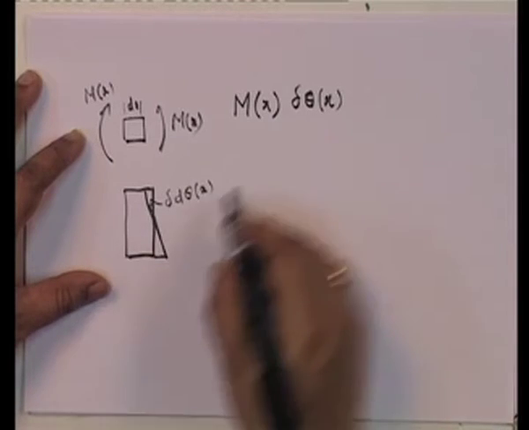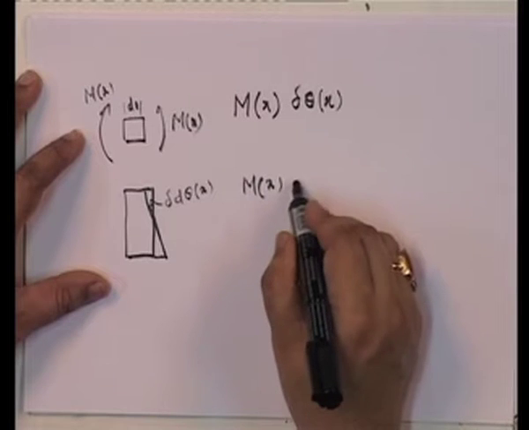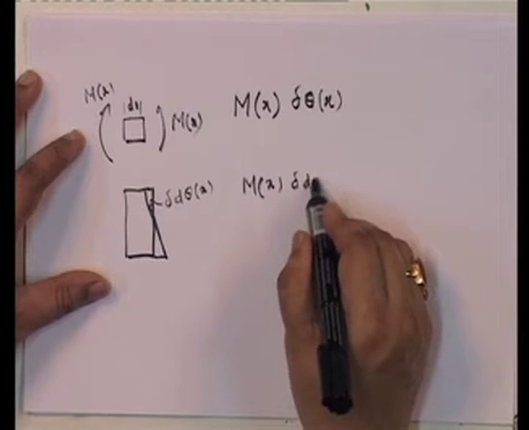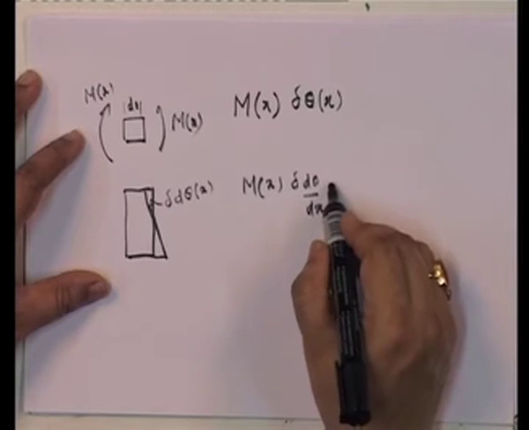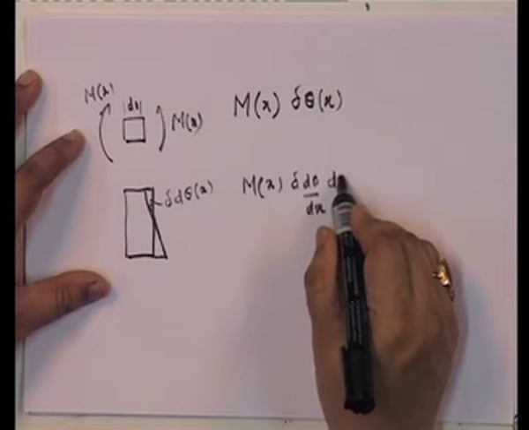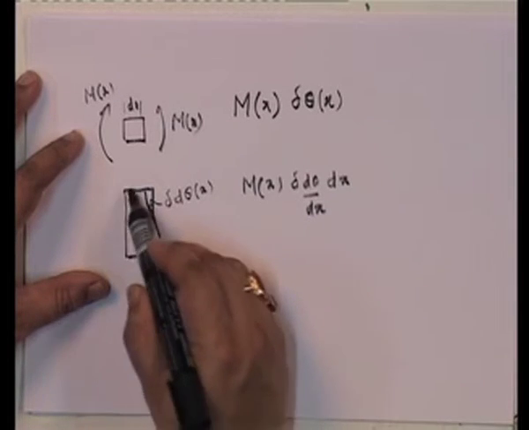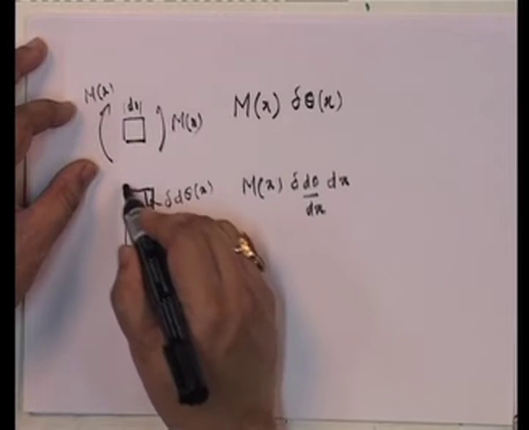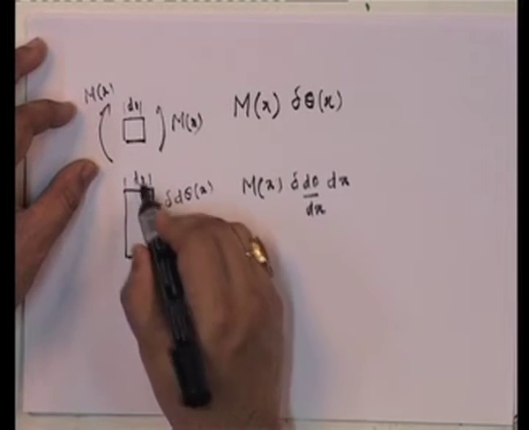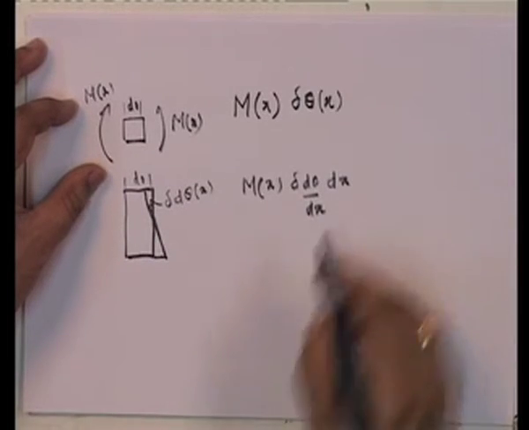So then the work done is actually Mx into del d theta x by dx into dx, right. That is what we have, because if you look at it, this del d theta x is going to be equal to, over length dx, whatever the rate of change of the rotation, that is given over here.